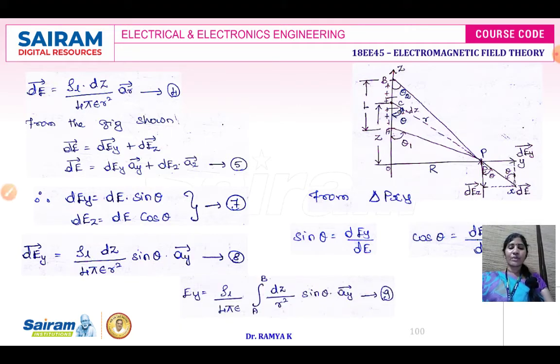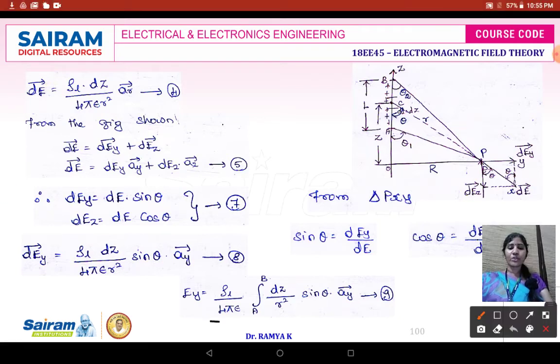Therefore, Ey is equal to rho L divided by 4 pi epsilon, which is common, and this dz is nothing but the differential elemental length along the z-axis direction. This differential elemental length can vary from point A to point B. Therefore, the integration runs from point A to point B of dz divided by r square, where r is the distance between the cause and effect, sin theta ay vector.